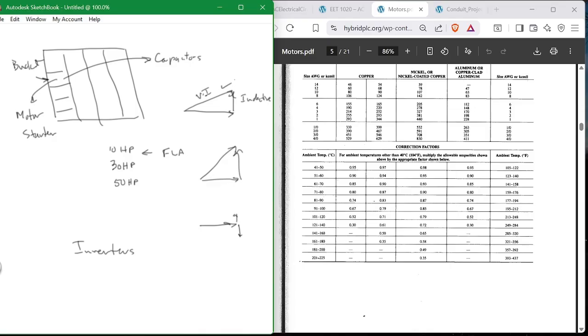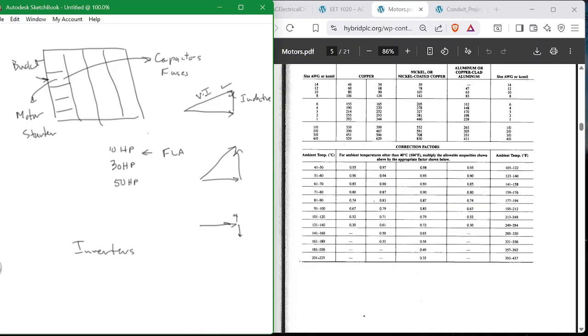You size it based on this wire size. Why? Because these have fuses in them. And if the fuse blows, you go back to this until you fix it. Everybody follow that? So if you are sizing based on this current, and the fuse blows, all of a sudden you go to this current, and if the current is too big for that wire size, what will happen? You'll have a fire.